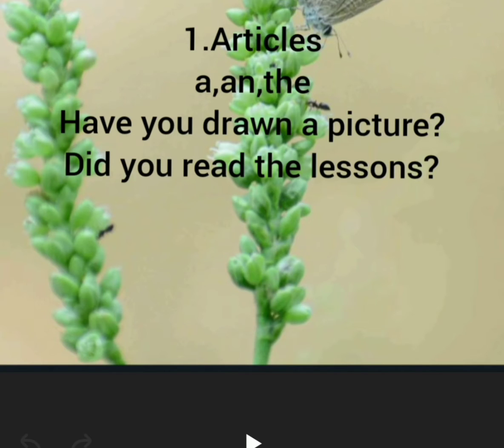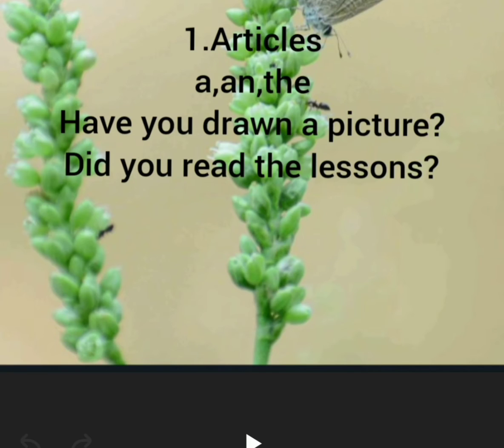If we are referring to such a person or such an animal and want to mention that thing again, we can use the article the. I have given a clear explanation in that video on articles.